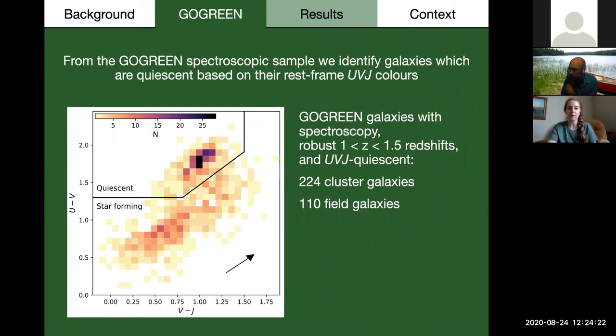So we want to focus on the spectroscopic sample, and we use the rest frame UVJ colors to identify just the quiescent galaxies. We also looked at other tracers of quiescent versus star forming, but the UVJ colors were pretty good here. So this gives us a sample of 224 cluster galaxies and 110 field galaxies.